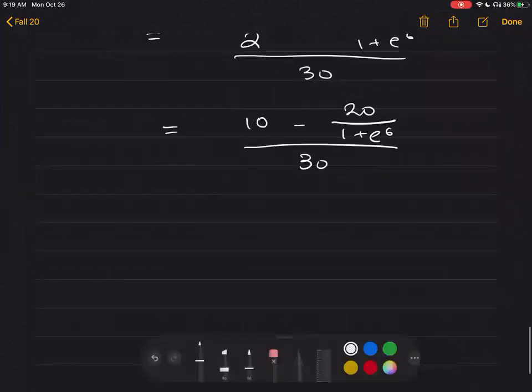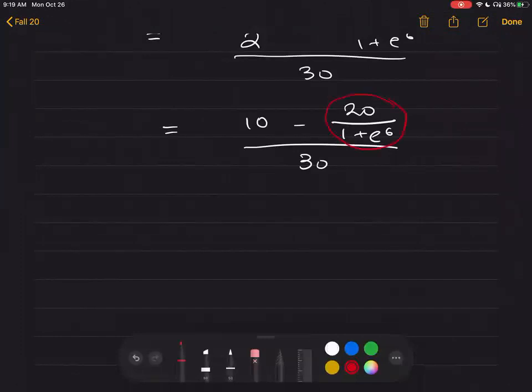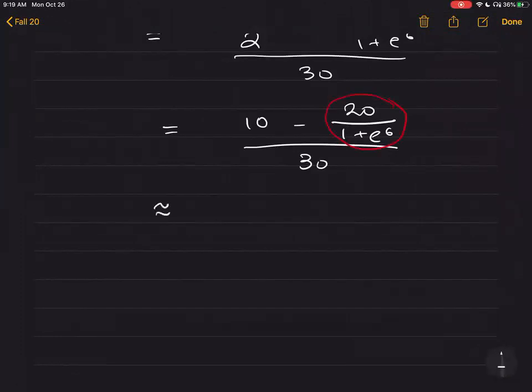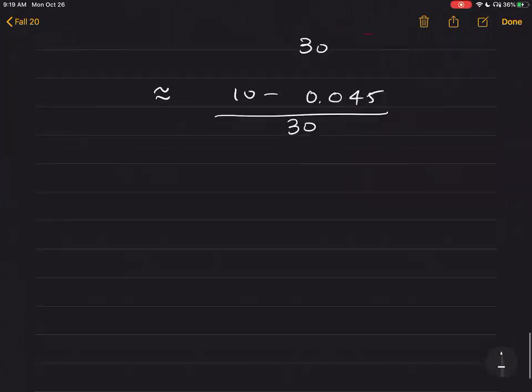Now, if you plug this into a calculator, you get that it's about 10 minus 0.045, a very small number, over 30. And then if you plug this into a calculator, you get that this is about 0.332.